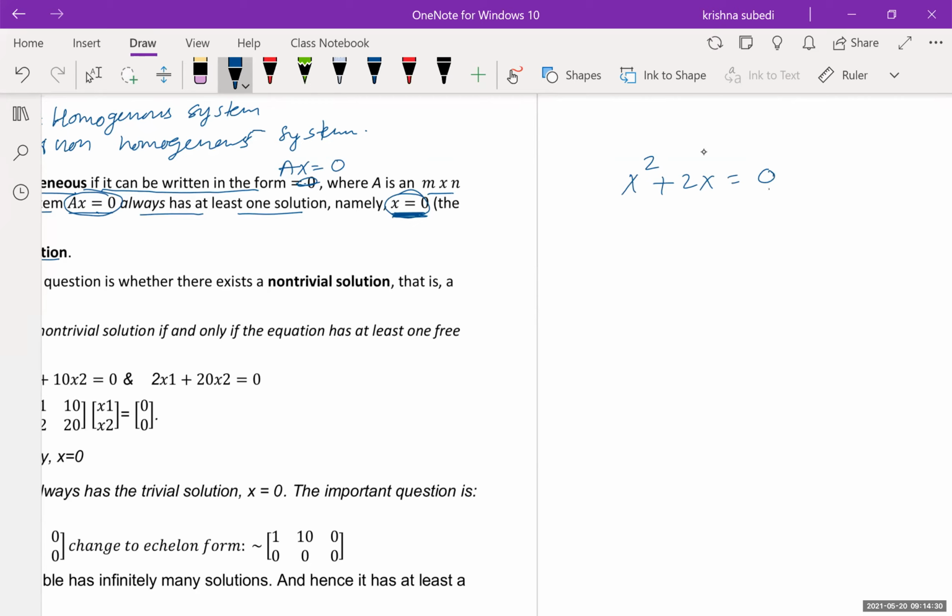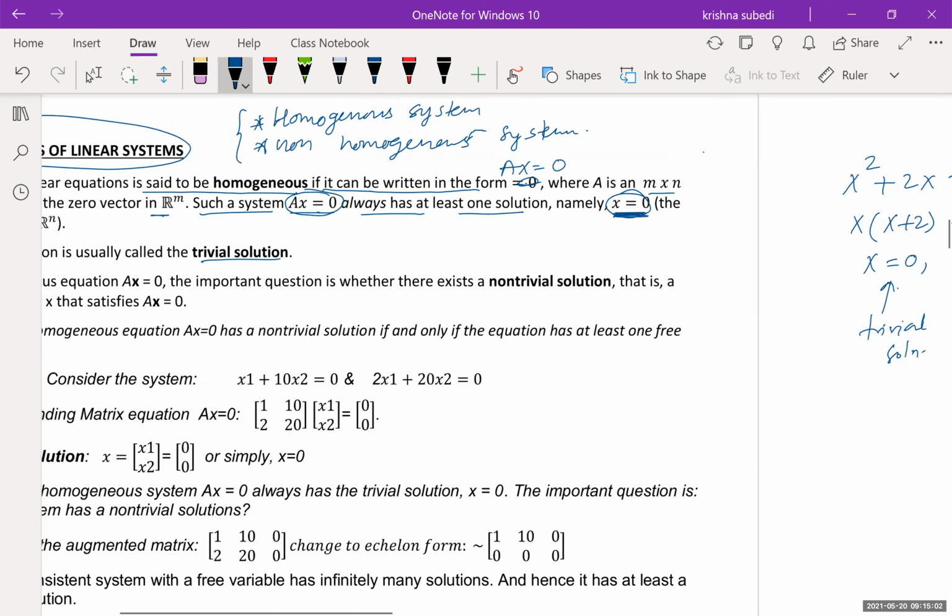Since the right hand side is 0, we can take x common, so that means x times (x plus 2) equals 0. So it has 0 as one solution and negative 2 as another solution. This solution is called the trivial solution, and this is called the non-trivial solution. Trivial solution means the solution that contains 0. Just keep that in mind.